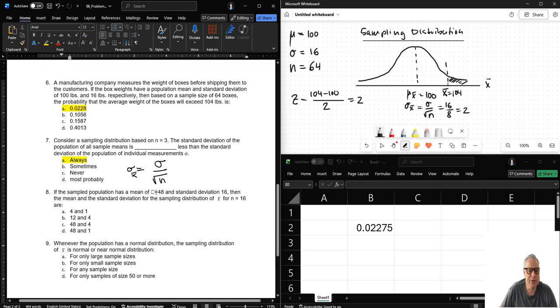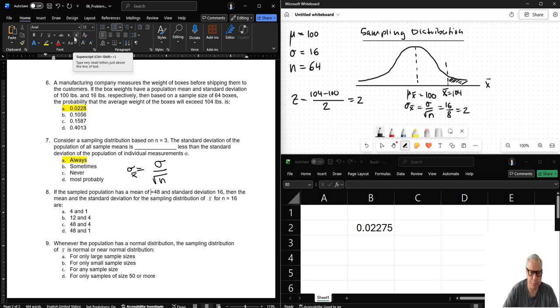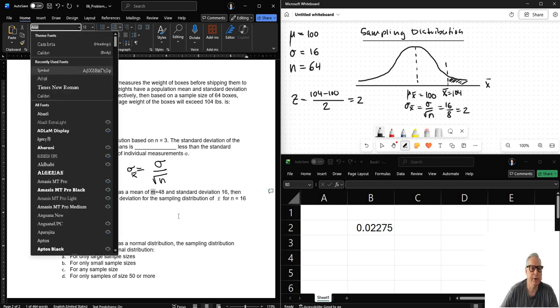So if the sample population has a mean, okay, it looks like there's some error, that should be a mu. Actually an x bar. No, it is the mu, because the sample population has a mean. So let's put here the correct Greek letter.